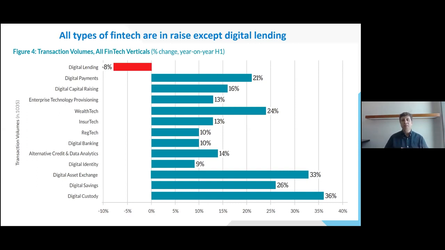It is the only one that declines. Others, like digital payments, digital capital raising of funds, enterprise technology provisioning, wealth tech, insurtech, regulatory tech, digital banking, all sorts of different dimensions of fintech are on the rise.